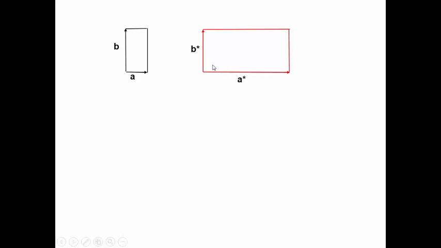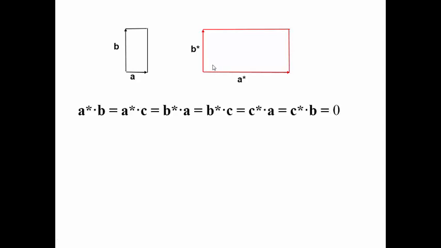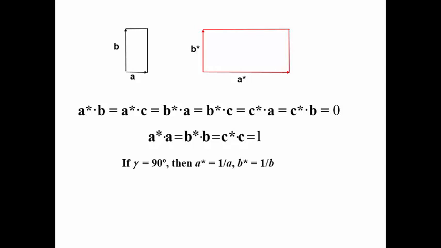This angle here is 90 degrees, and here's our relationship which we had on the previous page, and we get this very simplified expression that when gamma is 90 degrees, this term becomes 1, so A is equal to 1 over A star, or A star is equal to 1 over A, and the same way B star is equal to 1 over B. So you can see this reciprocal relation directly there, and that's where the name comes from, the ideas came from.